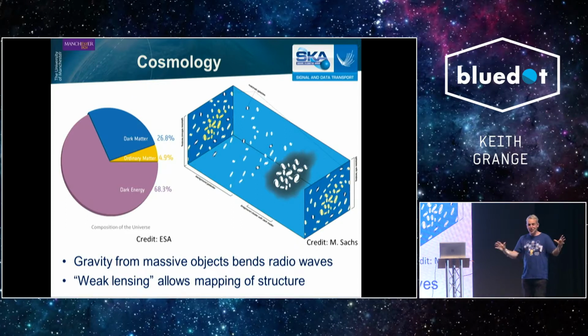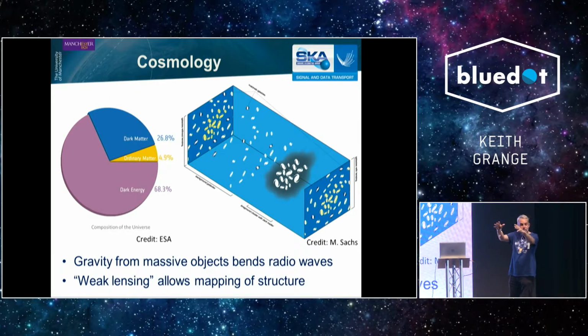So there's really quite a lot of work still to be done in cosmology because we only understand about 5% of the universe. And the way that we're going to tackle this is by looking at what's called weak gravitational lensing. What we've got in this plot here is some background elliptical galaxies. And as the light from them travels towards us, they pass past some mass.